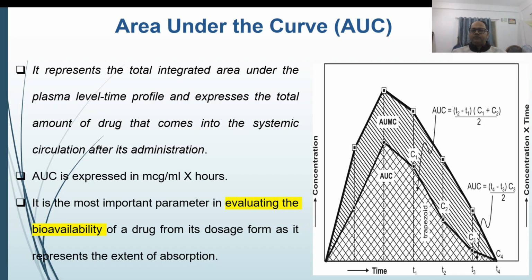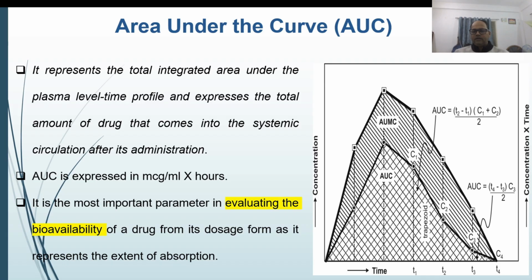So first we have to divide this curve into trapezoids. Approximately they will be trapezoids, because the curve part we have to make as a straight line. So think it is a straight line. So there will be two parallel sides, and one will be the height.